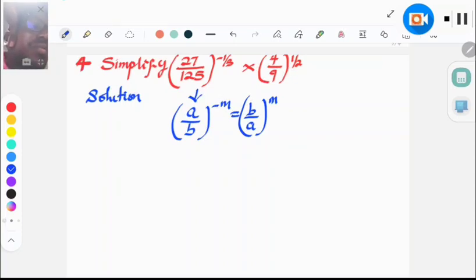So the negative has surrendered its power or its strength by interchanging the fraction. So anytime you have a negative power and it's a fraction, just interchange it and you'll be good with the answer.